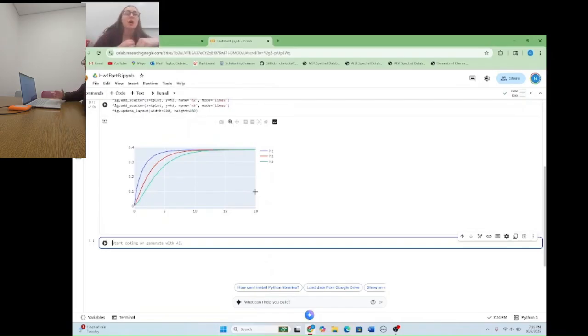So now we have our lines here. We can see that it's coming to a steady state around 4, right? It's pretty close to 4 on both. So you can see that 1 kind of shoots up faster after that 10% increase, and then 2 and then 3 come pretty evenly, and then they all kind of are around this 0.35 range of height.